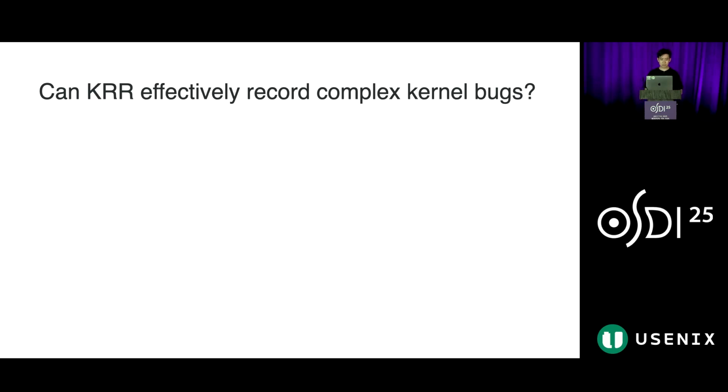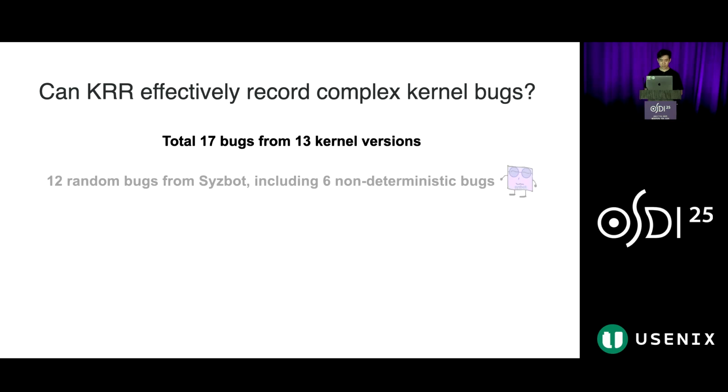The last, but the most important question is, can KRR effectively record complex kernel bugs? In this part, we ran a total of 17 kernel bugs from 13 different kernel versions on KRR. 12 of them are random bugs from Syzbot, including 6 non-deterministic bugs, which require specific thread interleaving or interrupt timing to be triggered.